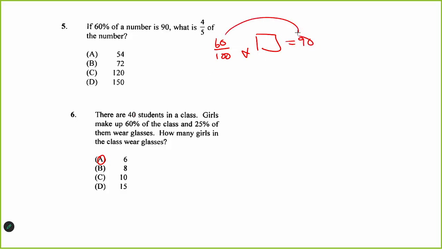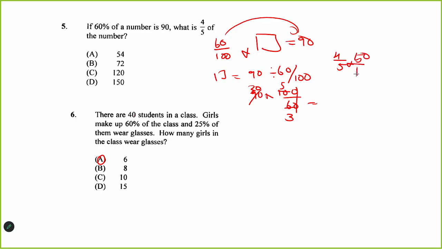So make that the subject: 90 divided by 60 over 100, which is 90 multiplied by 100 over 60. 2 can go into 6 3 times, 2 can go into 10 5 times, 3 can go into 90 30 times. 3 5s are 15, 30 by 5 is 150. And I want to know 4/5 of that number: 4 over 5 multiplied by 150 over 1. That would be 30 here. So the answer is 120.